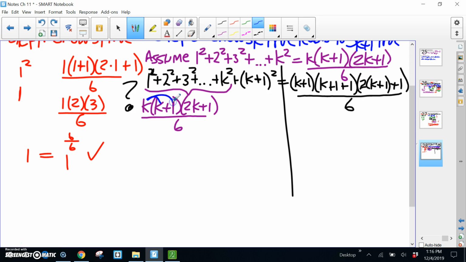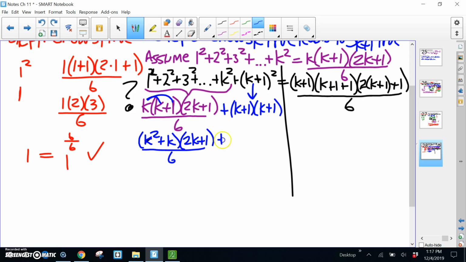So here, let's distribute this k. And I see k squared plus k times 2k plus 1 over 6. This is going to be k plus 1 times k plus 1. I'm going to have to FOIL that, and if you could FOIL that in your head, that would be awesome. You're going to get k squared plus 2k plus 1 once you FOIL that out.